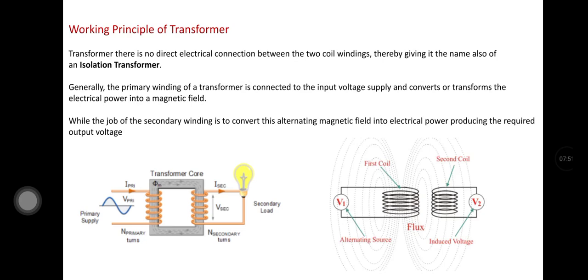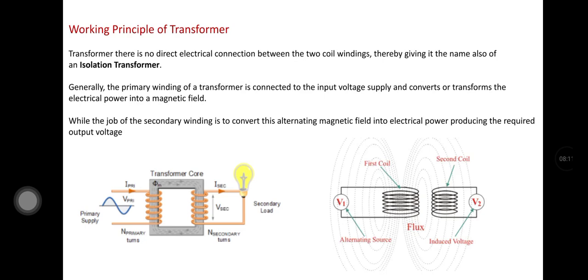In the transformer, there is no direct electrical connection between the two coil windings, thereby giving it the name an isolation transformer.